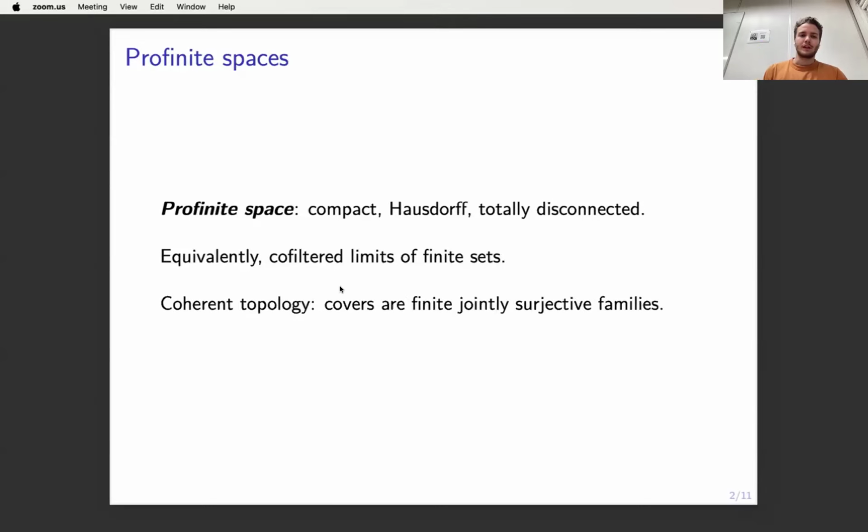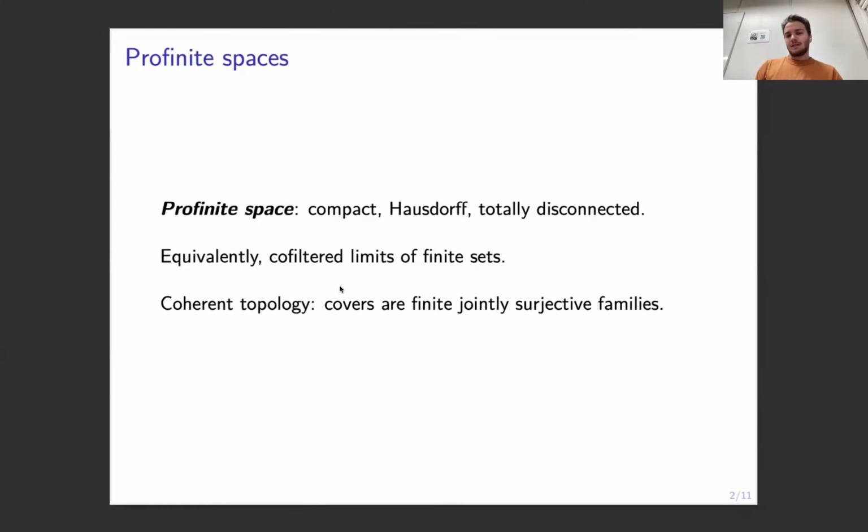On the category of profinite spaces, we can define a Grothendieck topology called the coherent topology. A Grothendieck topology is just some structure we define on the category saying that some families of maps are covering families.